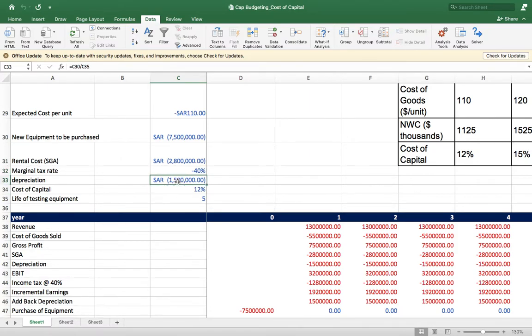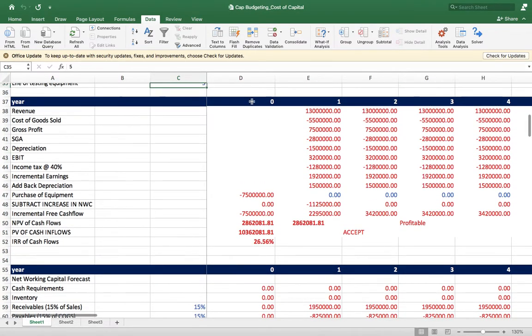Depreciation is equal to the equipment purchased divided by number of years, which is 5 years, so it will be equal to 1.5 million. Cost of capital 12%, life of the equipment is 5 years.